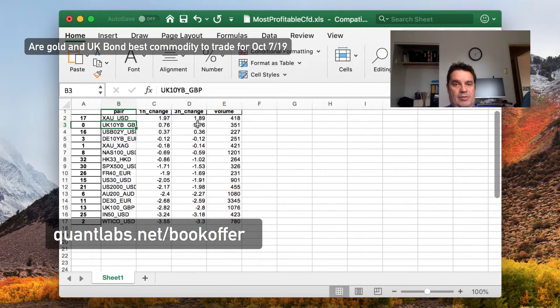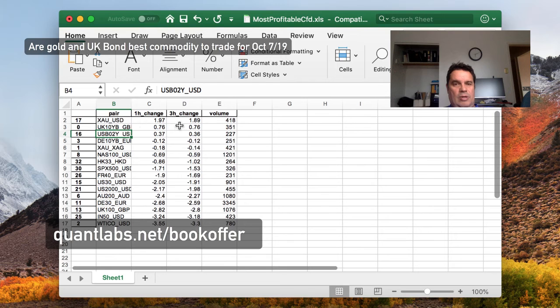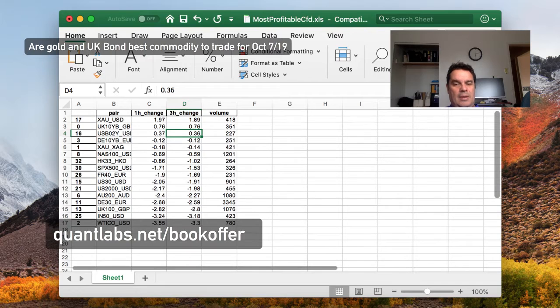Everything else appears to be negative except the US Treasury 2-year, which is also positive. We're talking about 1.89% for gold, UK gilt 10-year up 0.78, and then US Treasury bond 2-year up 0.36.